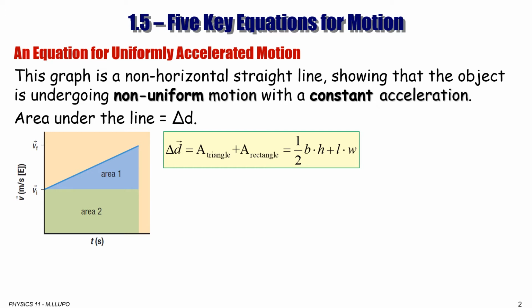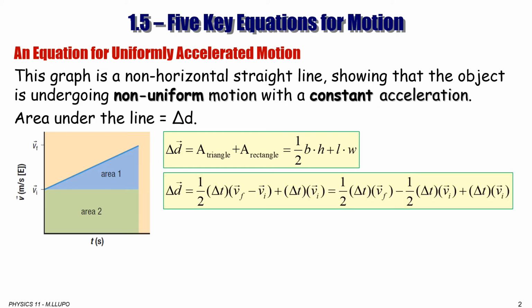For the triangle, the base is the interval of time, and the height is the difference, V final minus V initial. For the rectangle, the length is the interval of time and the width is V initial.